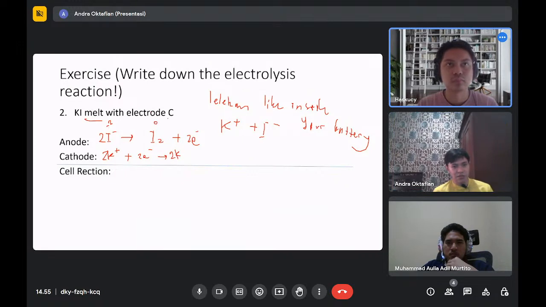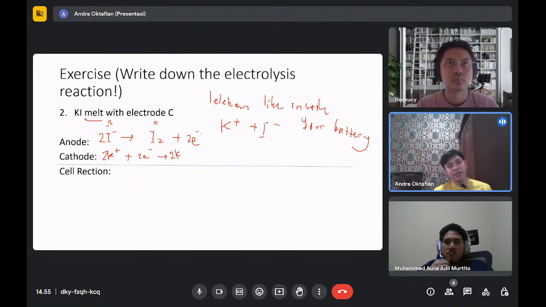So it should be added by minus 2 to compensate for this natural oxidation number. And here it is already stable because K plus plus e is 0. So both sides are already in their natural state.